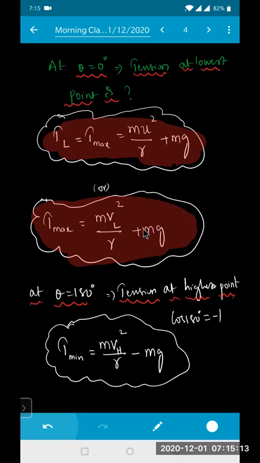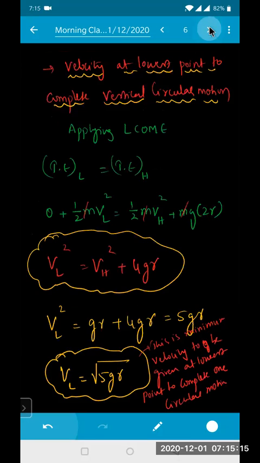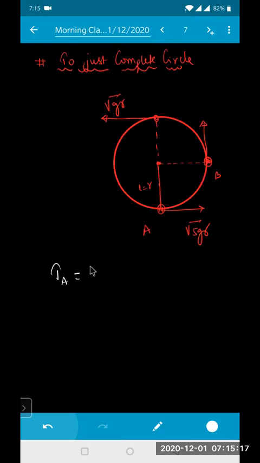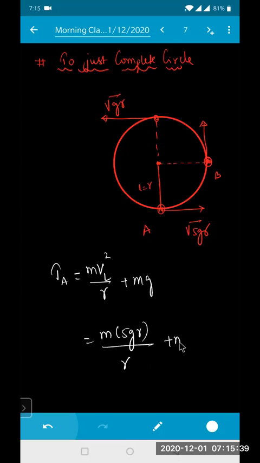So tension at the lowest position is M into velocity squared divided by R plus M into G. The velocity at the lowest position is under root of 5g R, and this will become 5g into R, into M, divided by R, plus mg.